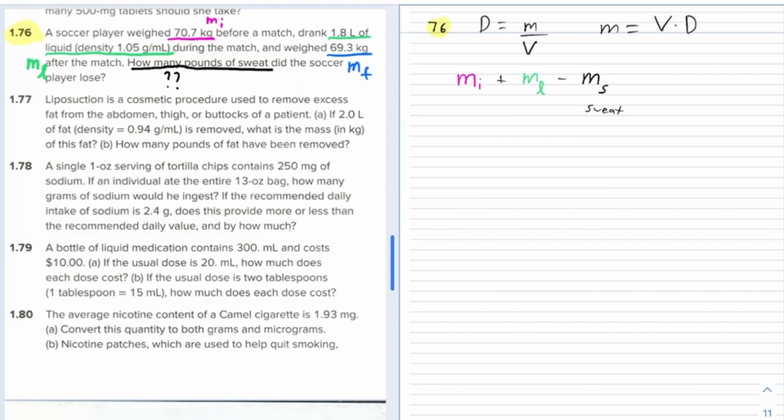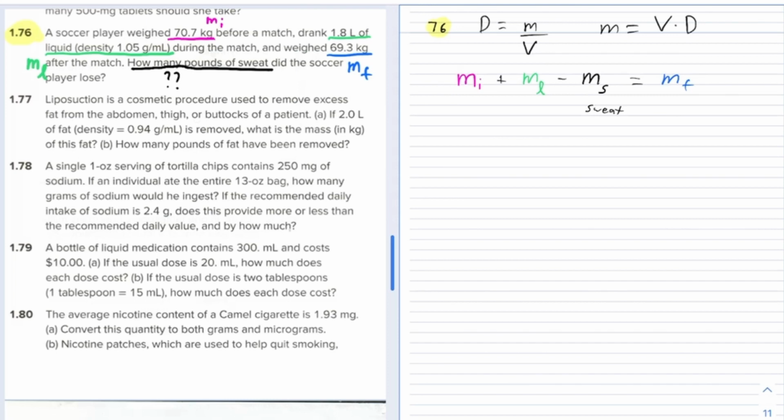So you take the initial mass, you gain a little bit of mass, you lose a little bit of mass, and then you will end up with your final mass. Okay, this equation makes sense. Here's what you start with. If you add a little bit and then take a little bit away, then there's what you end up with.